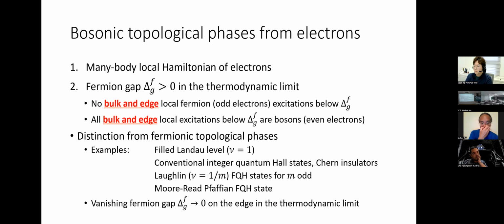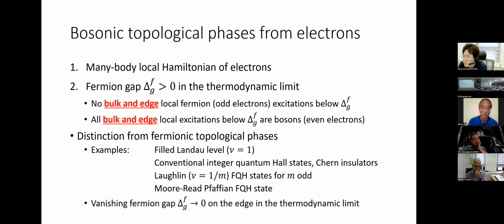These are four examples: the first filled lowest Landau level, or conventional integer quantum Hall states, or Chern insulating states, or the fractional Laughlin quantum Hall states, or the Moore-Read Pfaffian state. These are all fermionic states which are not bosonic because there is no finite fermion gap for any of these conventional phases. So the fermion gap goes away on the edge in the thermodynamic limit where the system size grows to infinity.